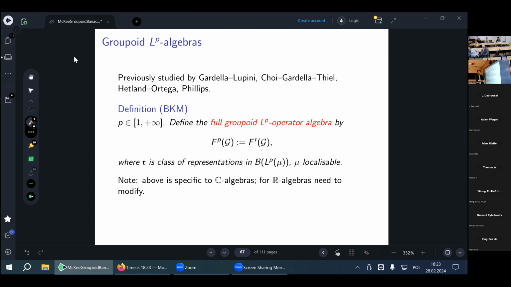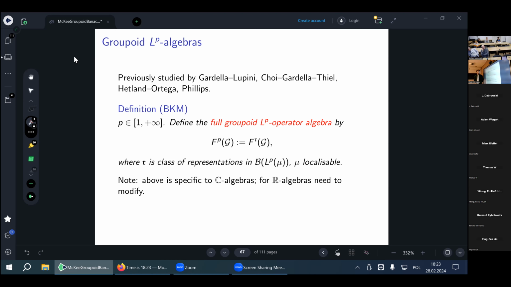This is automatic in the complex case, but it's not automatic in the real case. We have to add that as an assumption in the real case. It doesn't happen automatically, but we want it to happen, so we write it in.